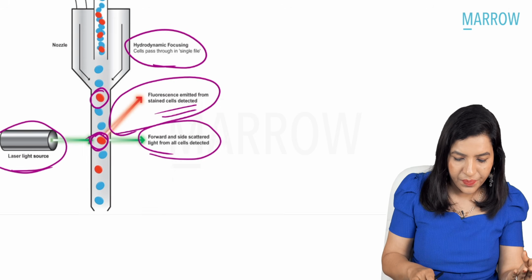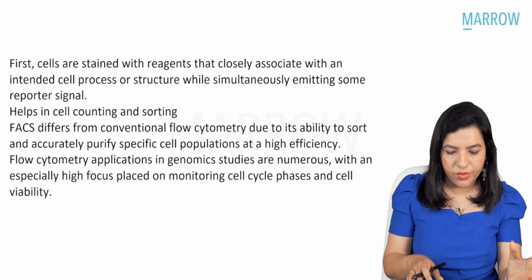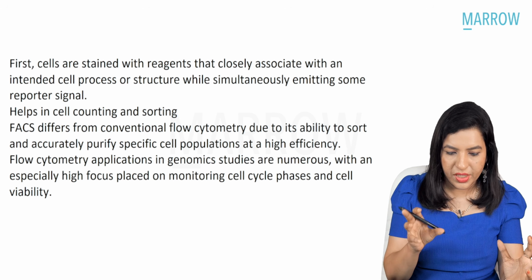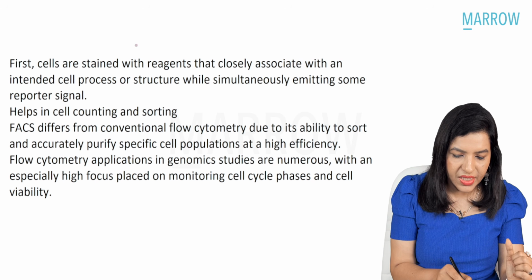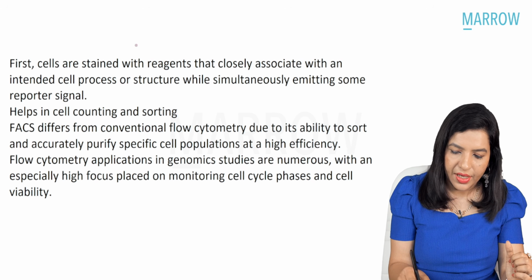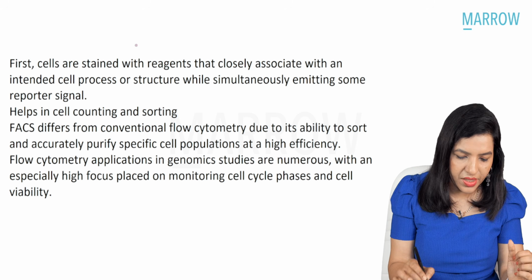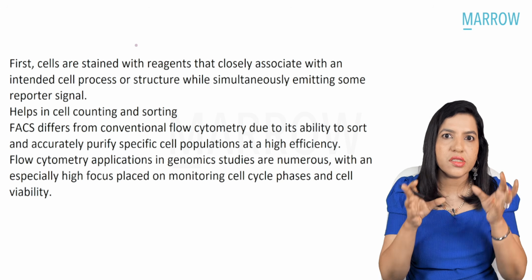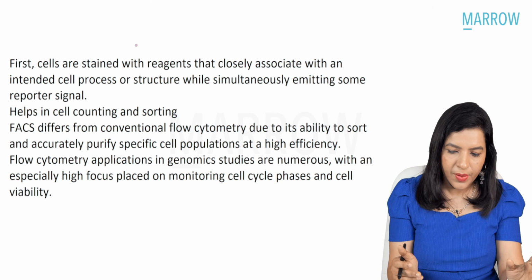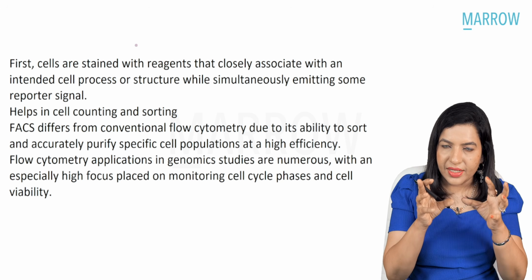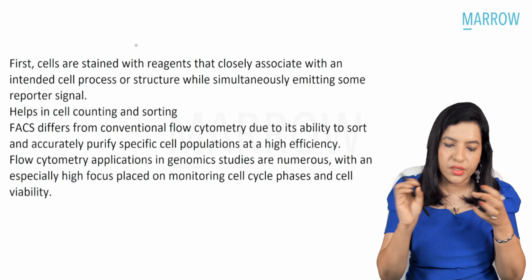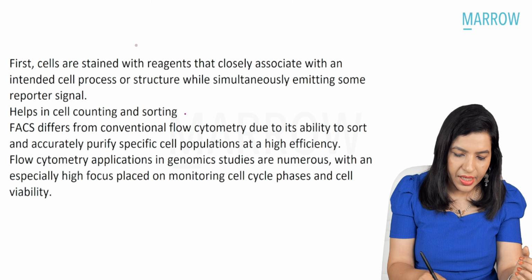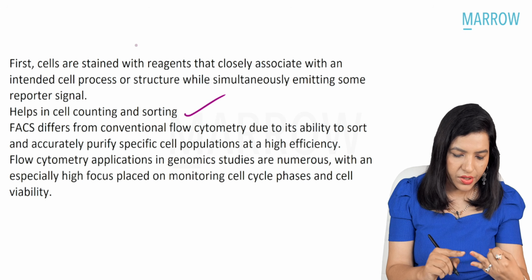So that is very briefly about flow cytometry. The cells are stained with reagents closely associated with an intended cell process, and the stained cell will emit a reporter signal. This helps in cell counting and cell sorting.